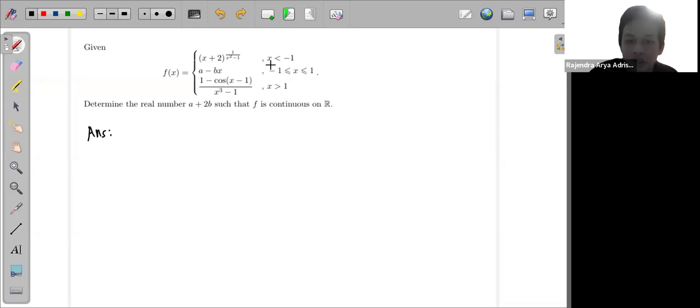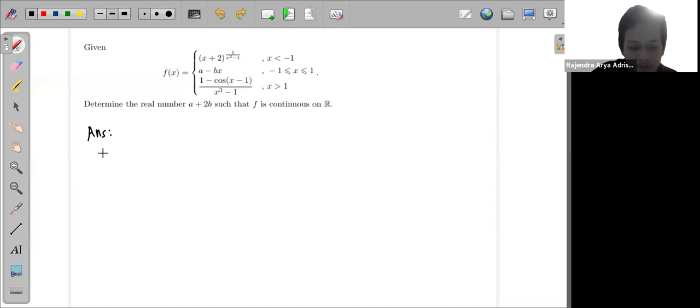So f got split when x is equal to -1 and when x is equal to 1, right? Because from the left, it uses this definition. From the right of -1, it uses this definition. So that's when x equals 1 here and here, right?